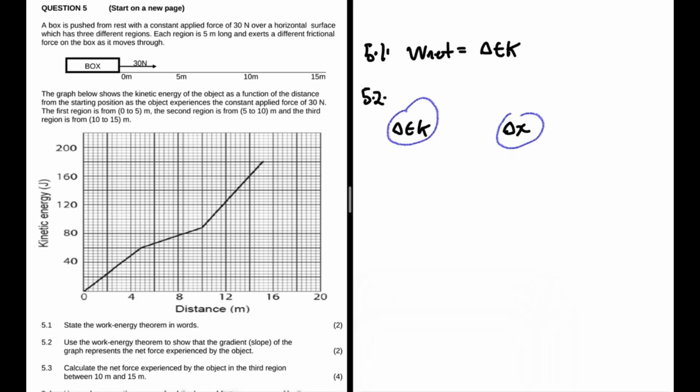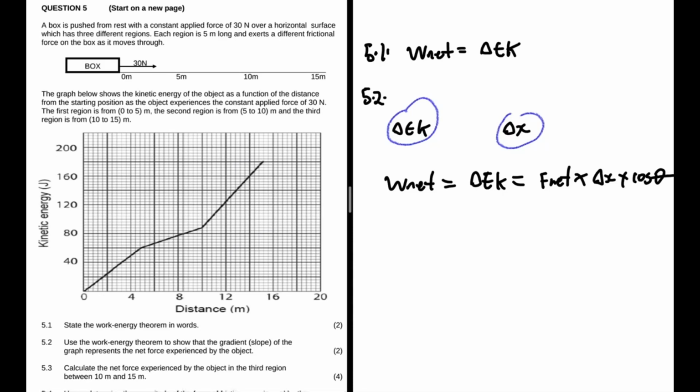From the work energy theorem, we know that work net is equals to change in EK, but we also know that the work net is equals to F net multiplied by delta x multiplied by cos of theta, right? So delta EK is equals to F net multiplied by delta x multiplied by cos of theta. In our situation here, theta will be 0, right?